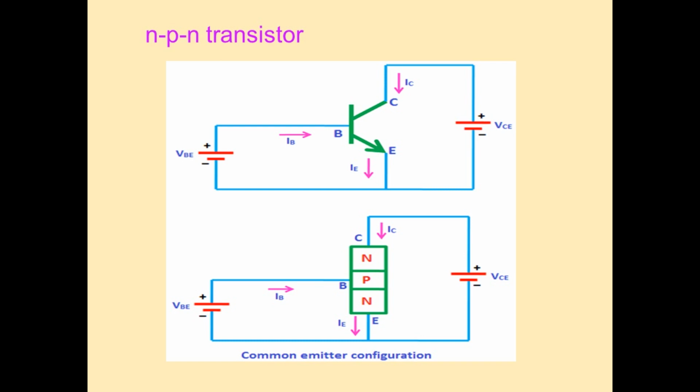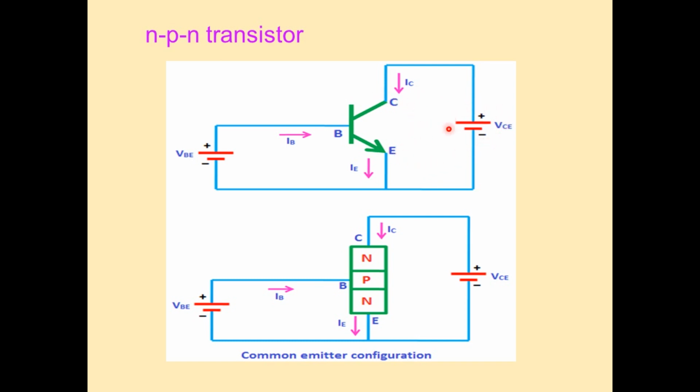In the common emitter configuration of an NPN transistor, emitter is common to both input and output, so emitter is grounded. Input is measured across base and emitter, so input voltage is VBE, voltage across base and emitter.